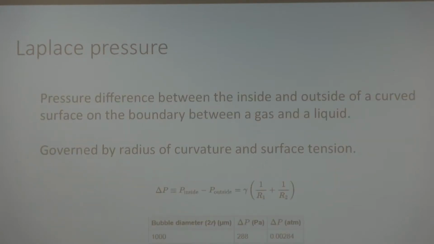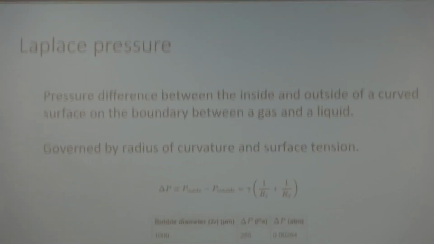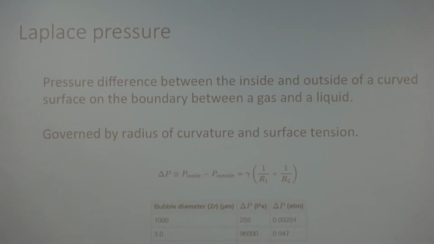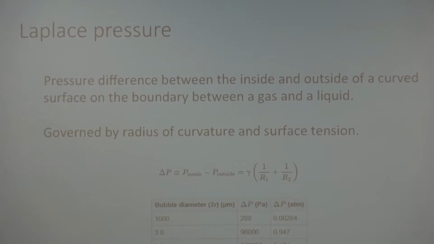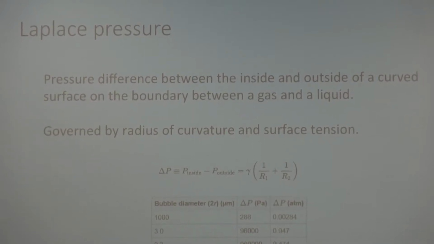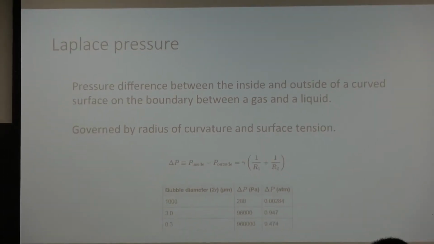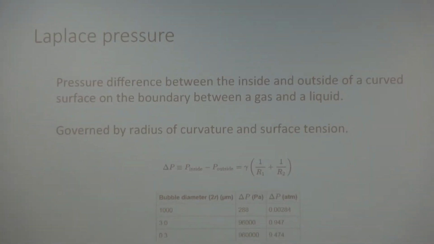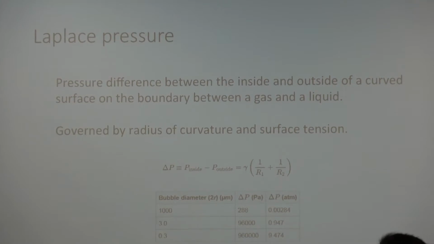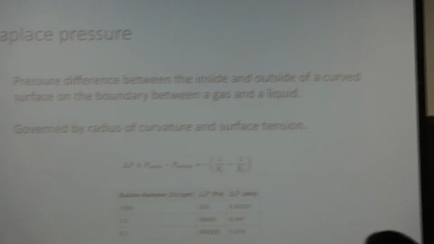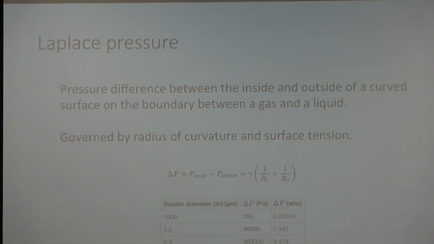Any questions on housekeeping? Okay, so remember last time we talked about the Laplace pressure just being this pressure difference between the inside and outside of a curved surface. Something that made a bit more sense about why the pressure is always higher on the inside: when you blow a bubble, when you dip the ring into the soap, that's a completely flat surface, because the pressure on either side of that soap film is exactly the same.